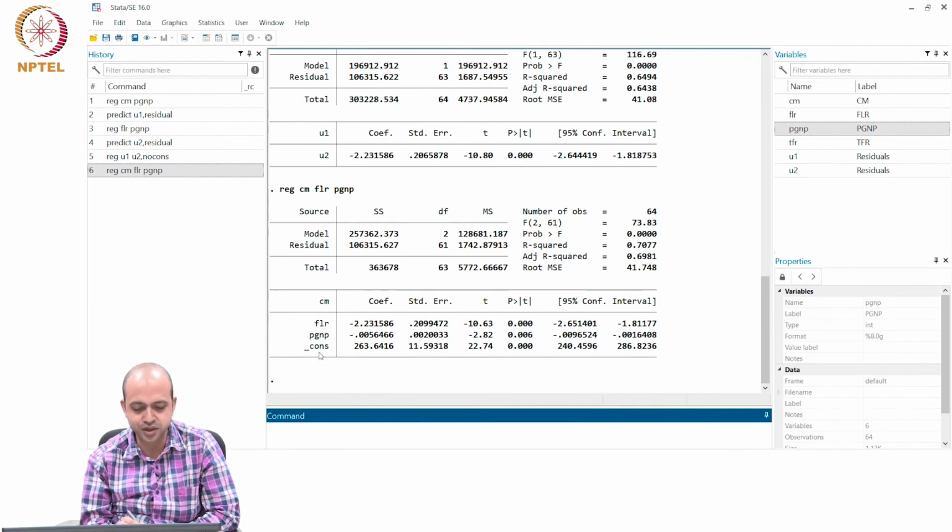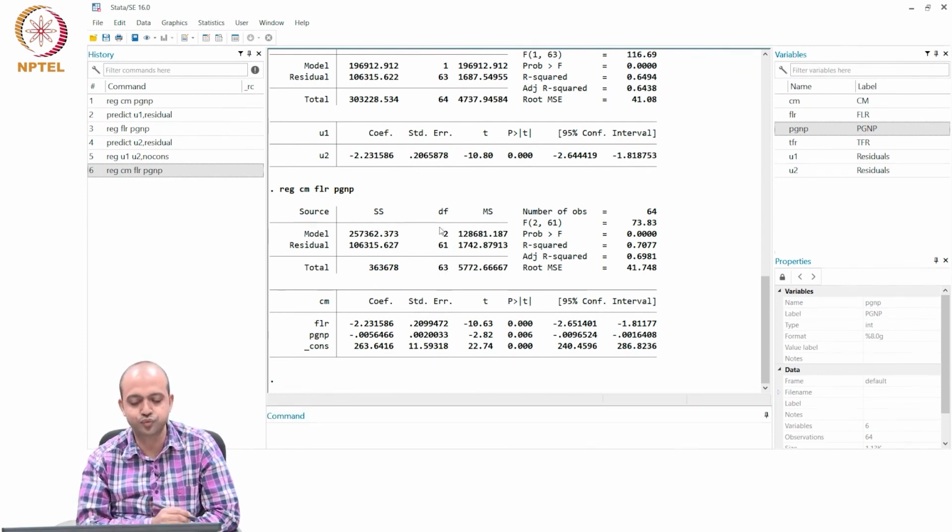And then 63 minus 61 equals 2 for the model.